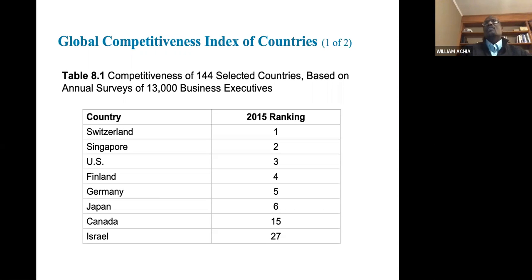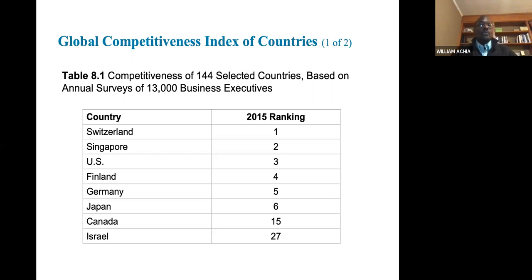Okay, how attractive is a specific nation to a country in terms of things such as the infrastructure available, government policy, political risk, things like the availability of qualified labor. So once all these things are factored in and calculated out, the Global Competitiveness Index ranks countries in terms of how well those countries do in terms of the ability to support business operations.